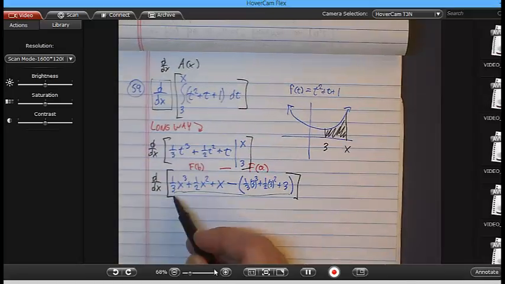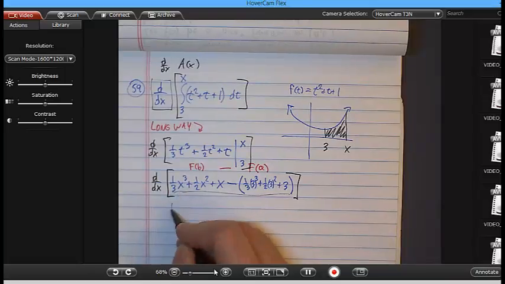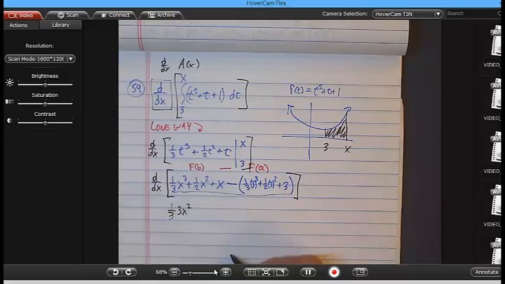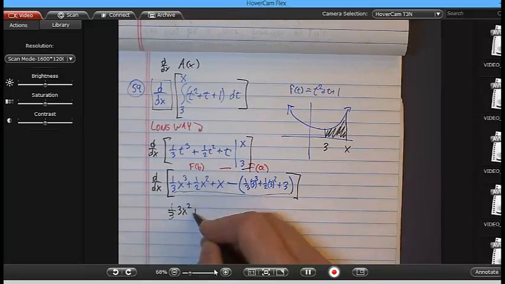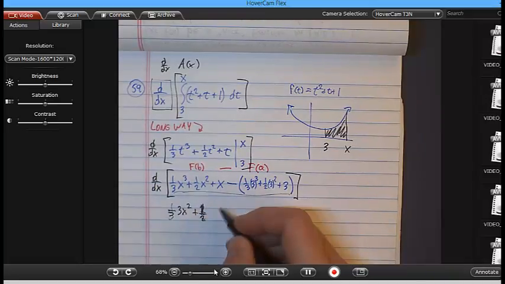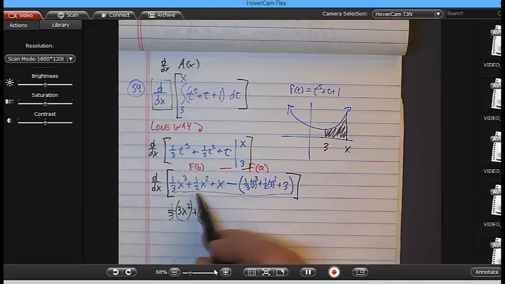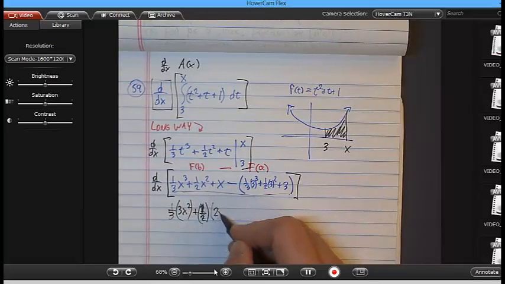What's the derivative of 1/3 x cubed? Well, 1/3, just bring that down, times what? 3x squared, right? Plus 1/2 times what? What's the derivative of x squared? 2x.